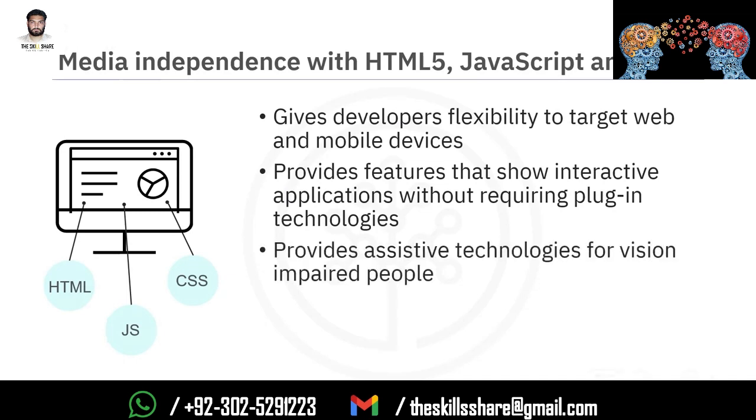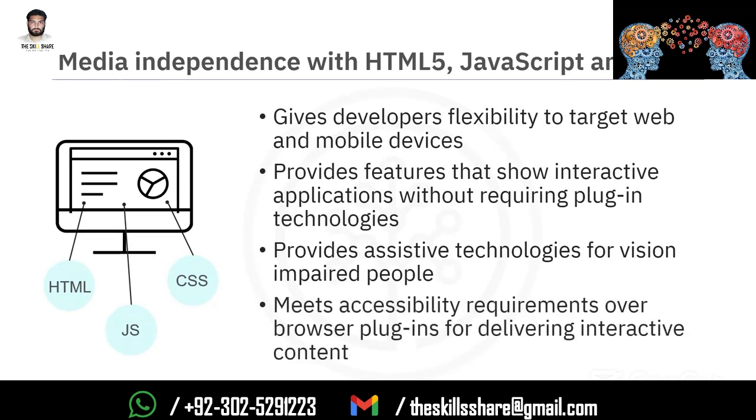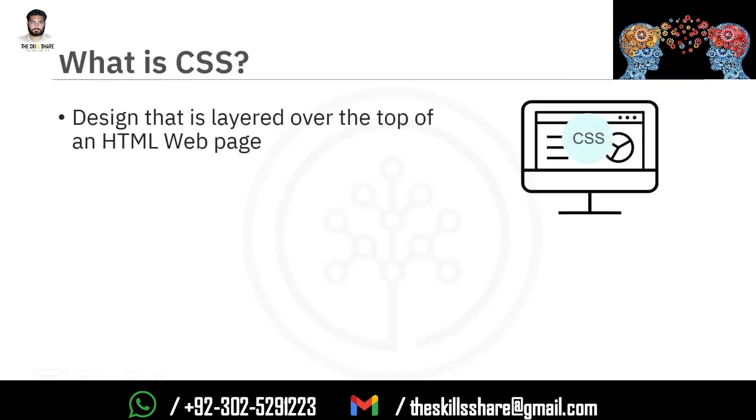HTML documents might be rendered to a browser window or through a speech synthesizer to provide assistive technologies for vision-impaired people. Being able to meet accessibility requirements is one advantage of using HTML markup over browser plugins for delivering interactive content. CSS is the design that is layered over the top of an HTML web page.